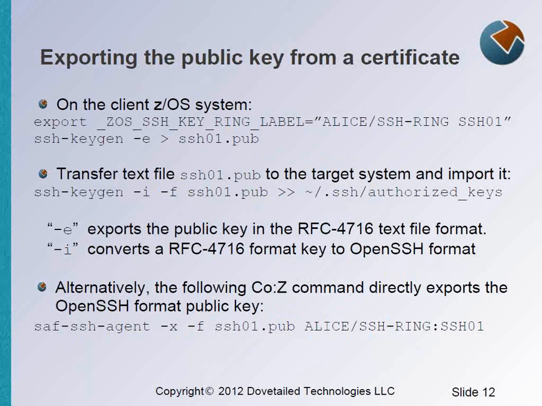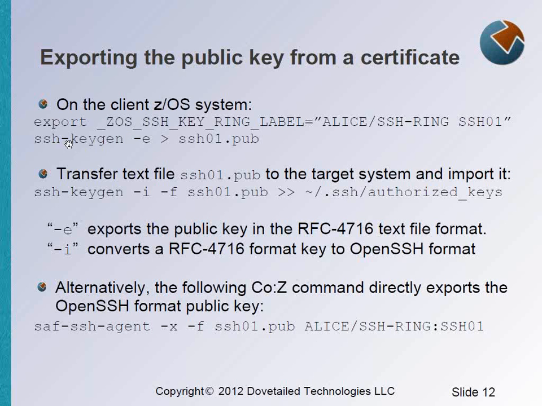Okay, so once I have that certificate in there, I need to get the public key out so that I can send it over to the target system, let's say if I'm doing user authentication, and maybe put it in authorized keys. So let's talk about how to get the public key out of the certificate I just created. Here's how you do it using the z/OS Ported Tools OpenSSH command.